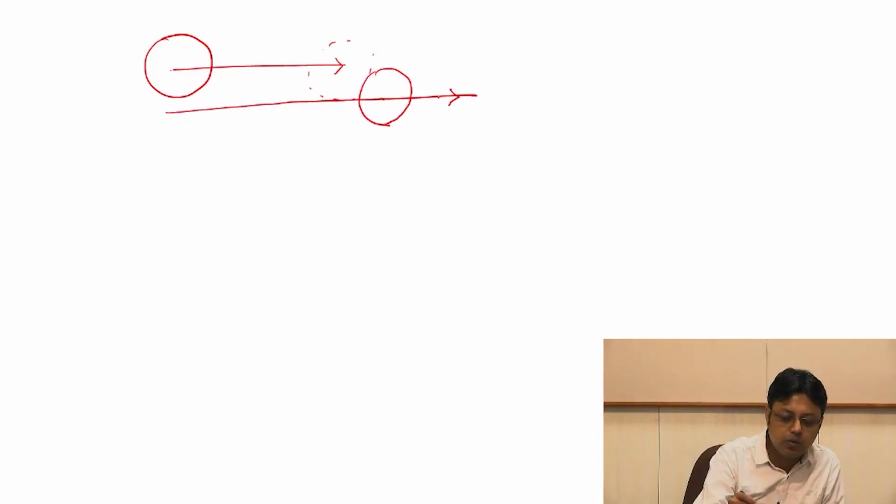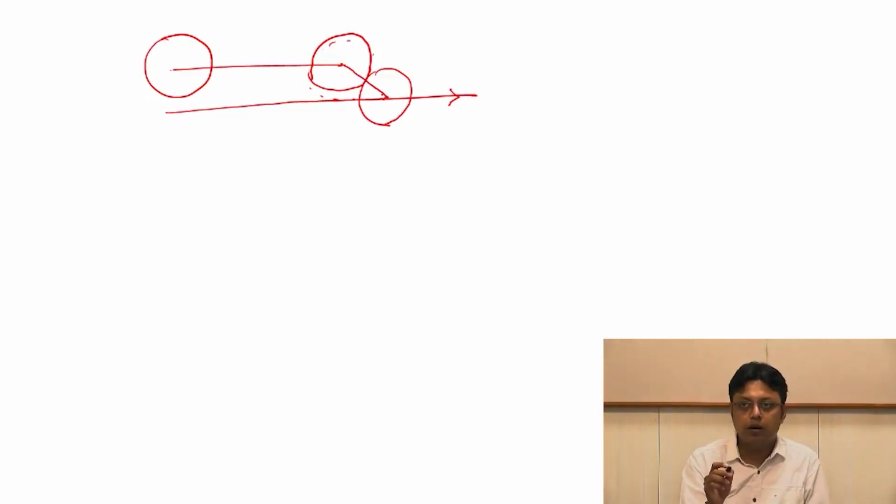Now the question is, when it makes this impact, how much energy is transferred? Okay, let's just stick to that drawing. The question is, how much energy is transferred along this line of center?